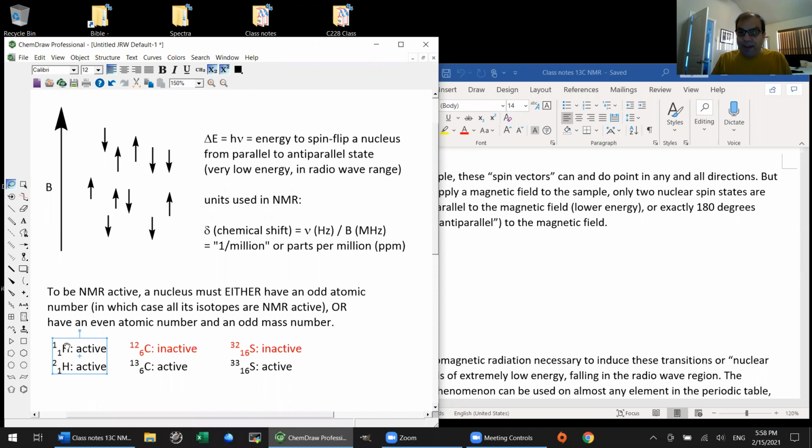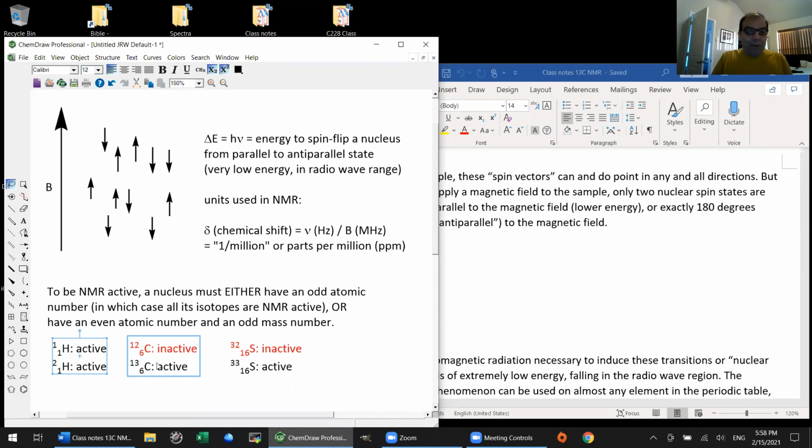Around 99% of all hydrogen in the universe is hydrogen 1. There is some deuterium, which is hydrogen 2, and it is possible to take a deuterium NMR spectrum. I have fortunately never had that pleasure, but it can be done. Proton NMR spectra are very easy to take because of the high natural abundance of hydrogen 1.